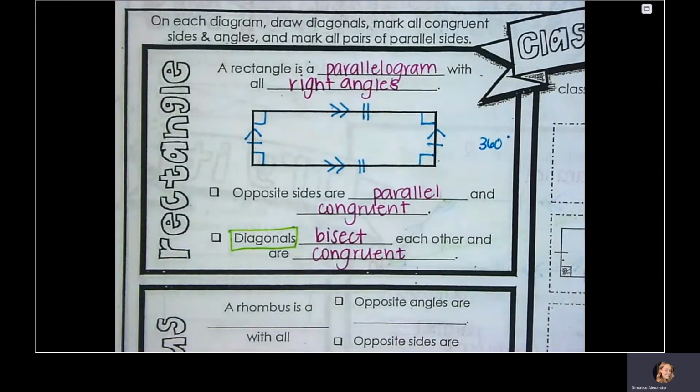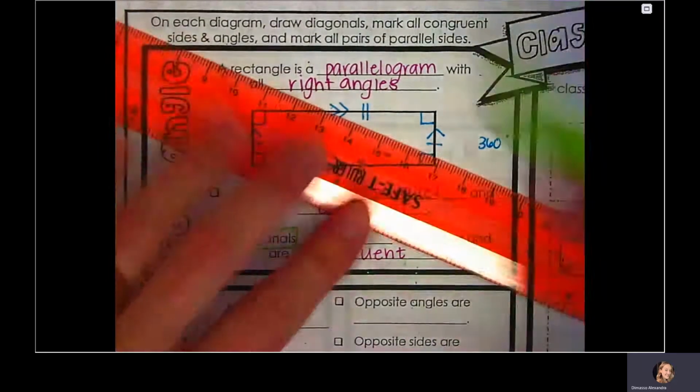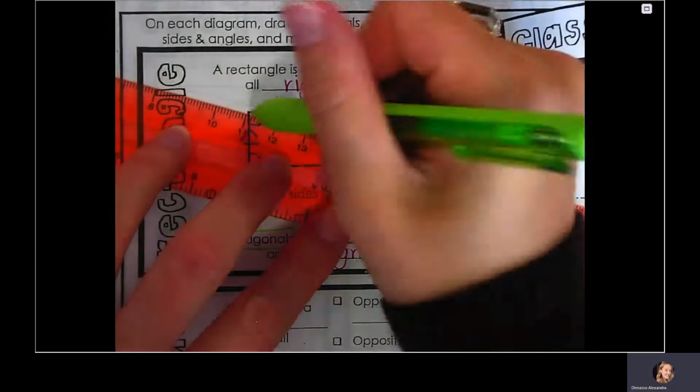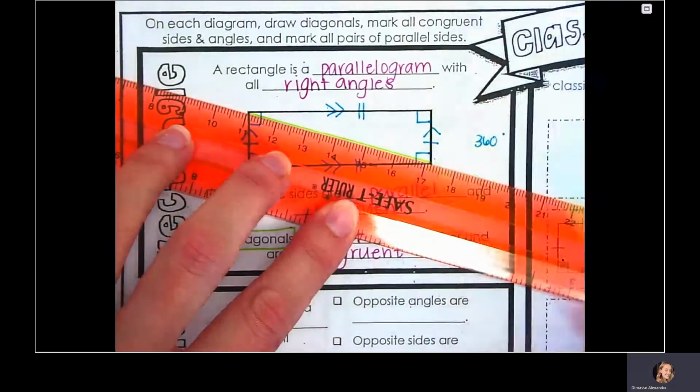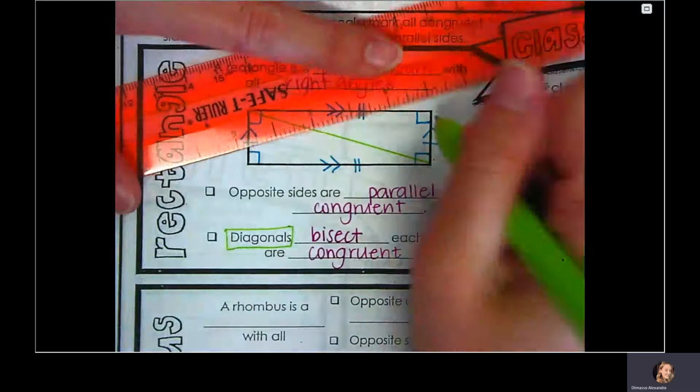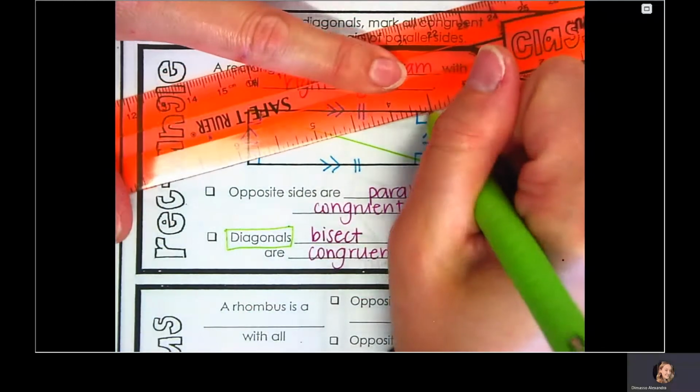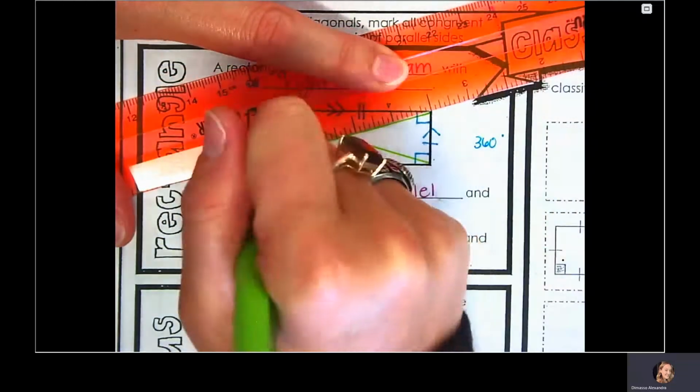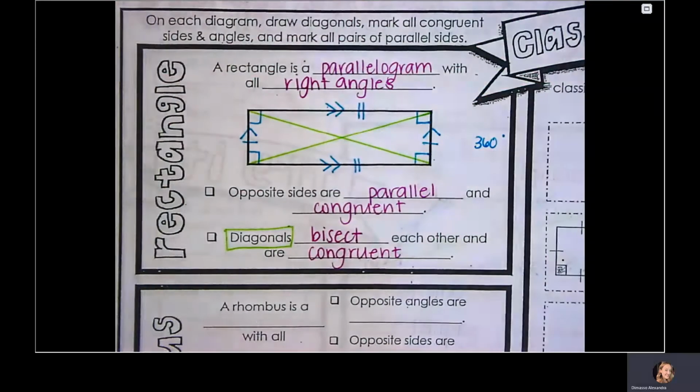So again, with our rulers, we're going to make our diagonals. Okay, and there we have my rectangle.